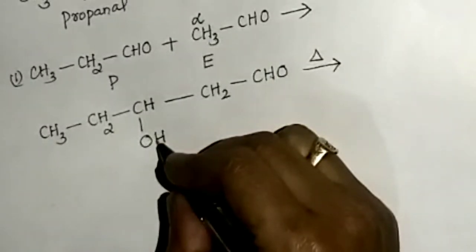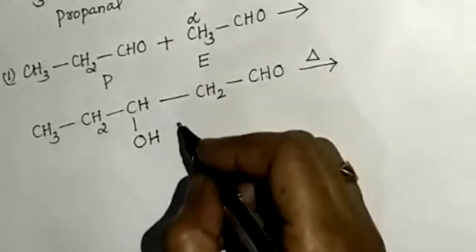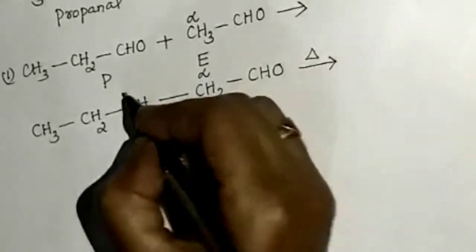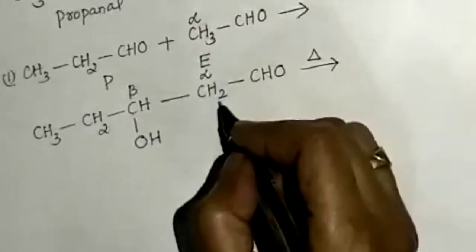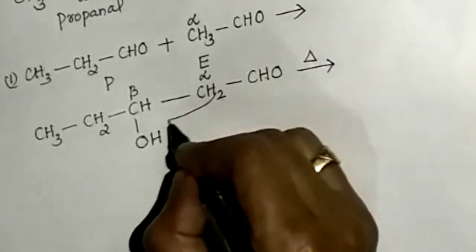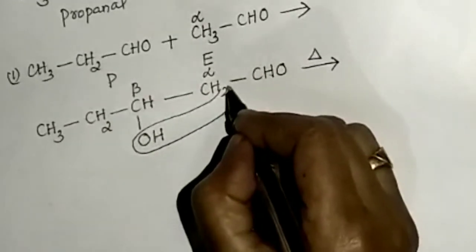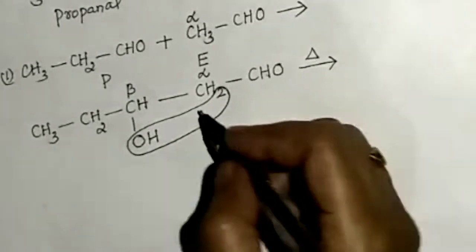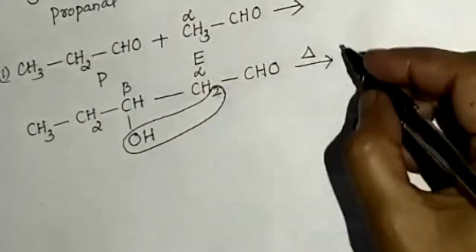On heating, this is known as aldol: aldehyde plus alcohol, aldol. Then on heating, this is the alpha carbon, this is the beta carbon. The alpha hydrogen and beta OH group are eliminated as a water molecule, H2O, and a double bond forms between them.